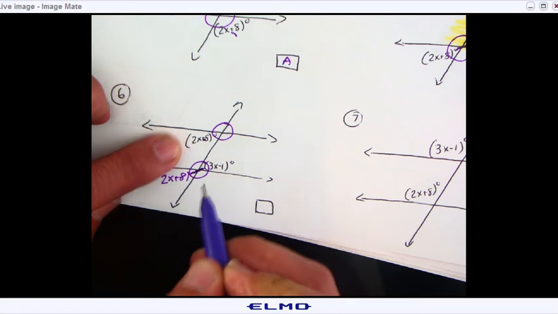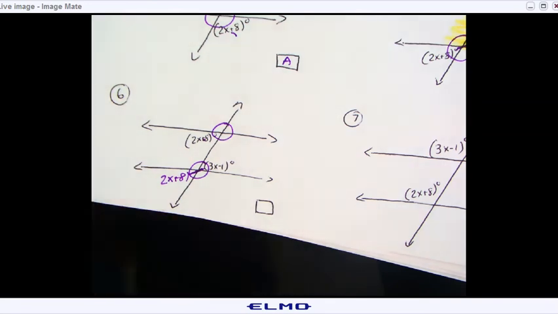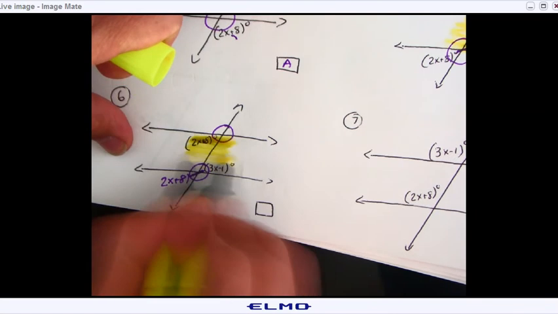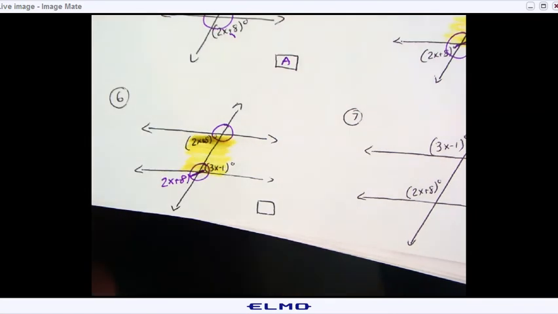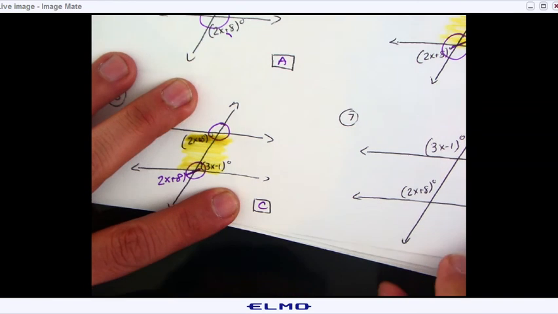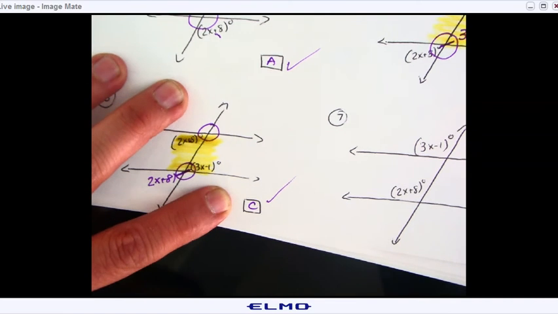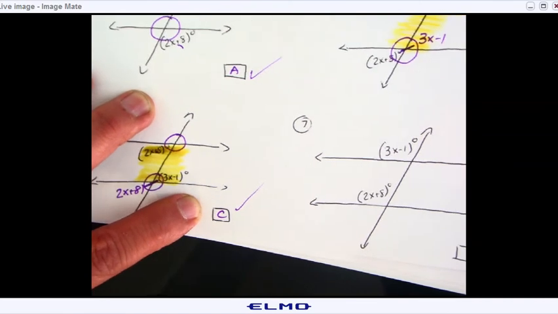They're across from each other, but they're not vertical because I had to move it. But they're alternate interior because, again, they're inside, which is letter C. Okay? C. Again, if you got it right, put a little check because I'm going to look at that. I want to see if you understand where you made your mistake.